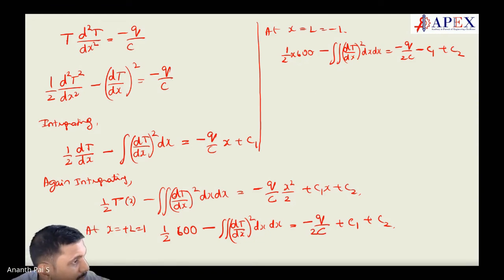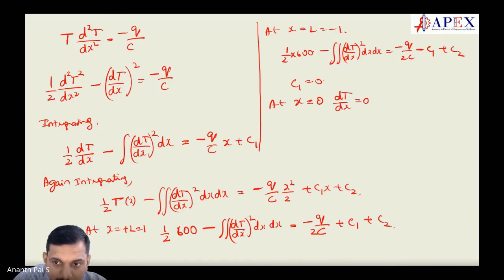Tell me. So c1 you will get as 0. Fine. At c1 equal to 0, at x is equal to 0, dT by dx is equal to 0.